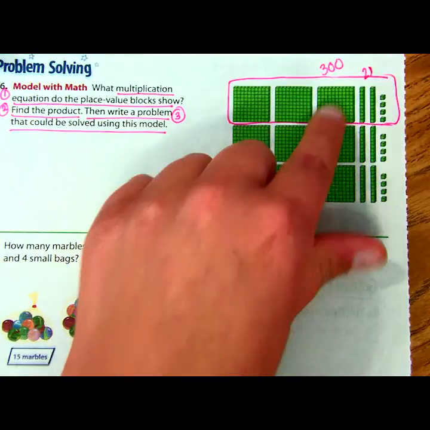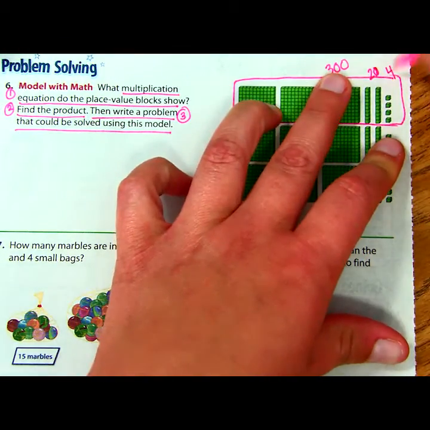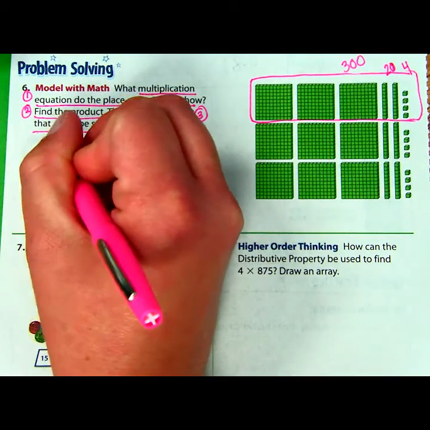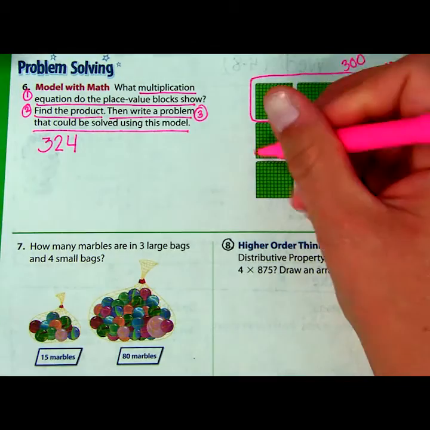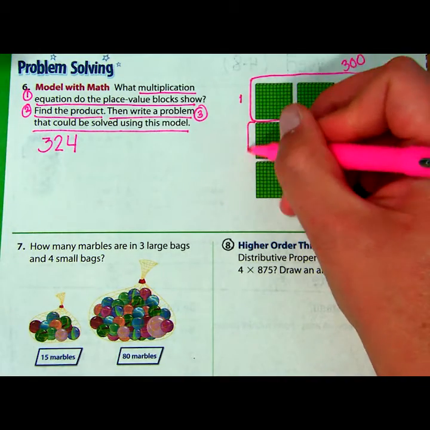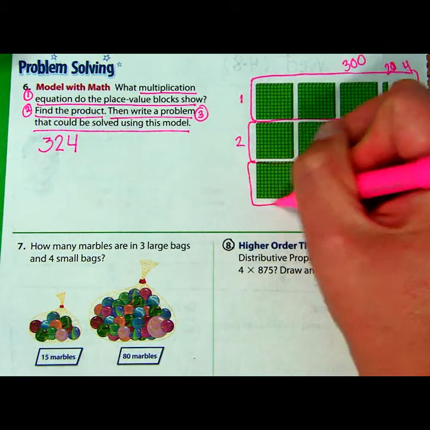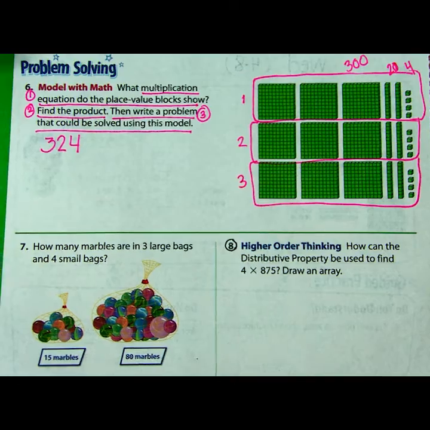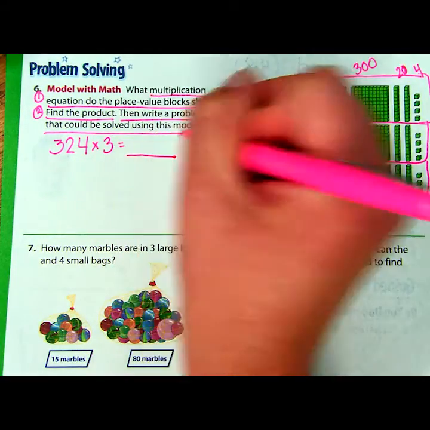And then 4 ones, 4. So if I put that together, that's the number 324. And how many of those groups do we have? 1, 2, and 3. So 324 times 3 is equal to blank.